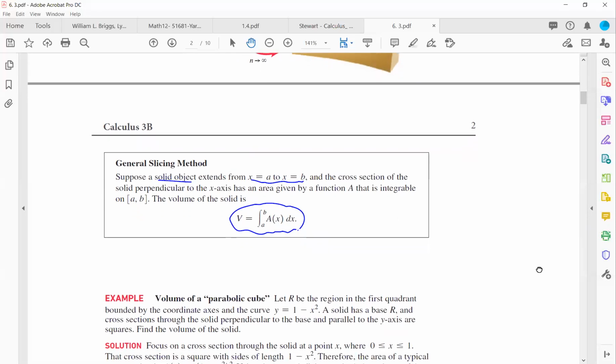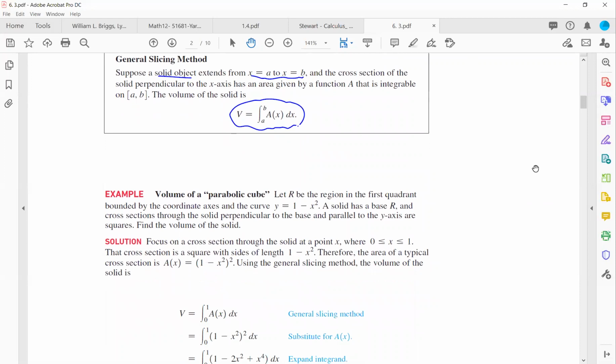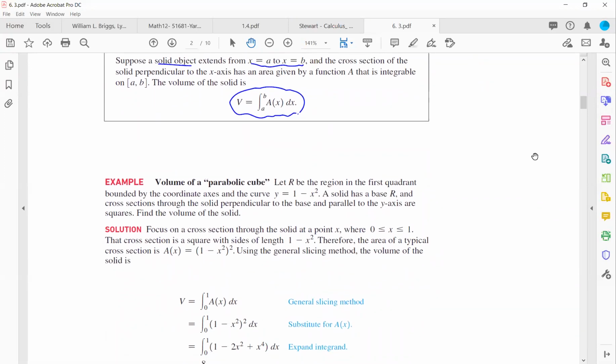Let's take a look at one example, see how we applied this formula.